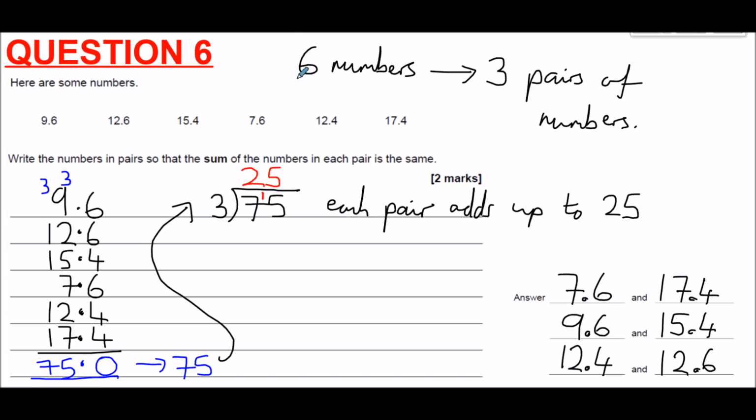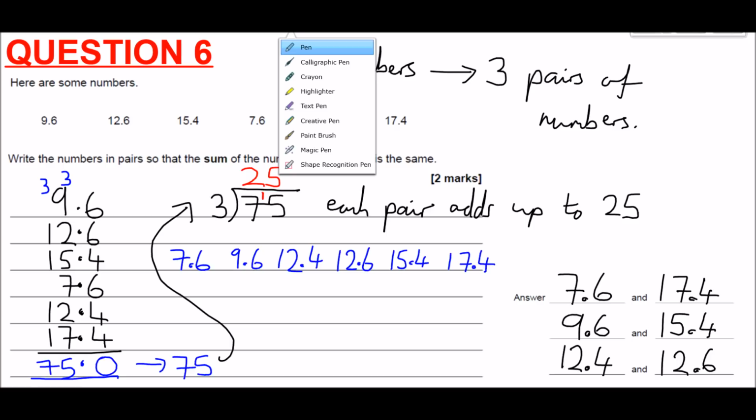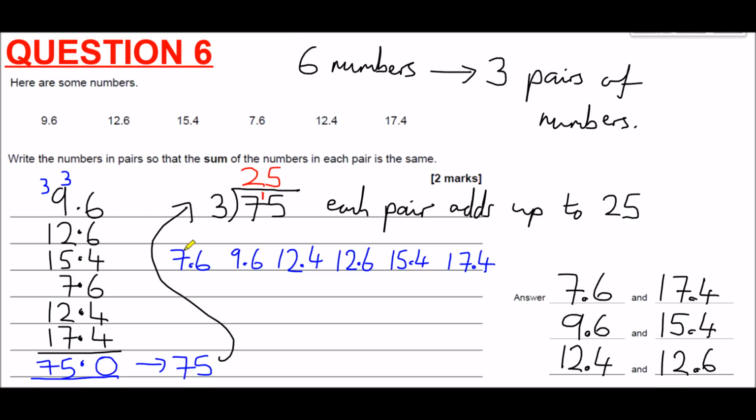So what we'd have first would be 7.6, after 7.6, 9.6, then 12.4, 12.6, 15.4, and at the end, 17.4. Now what you could do is actually just pair these up from end to end.